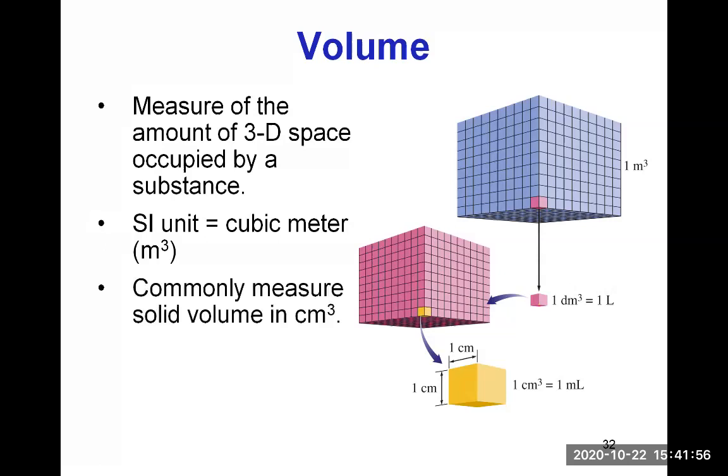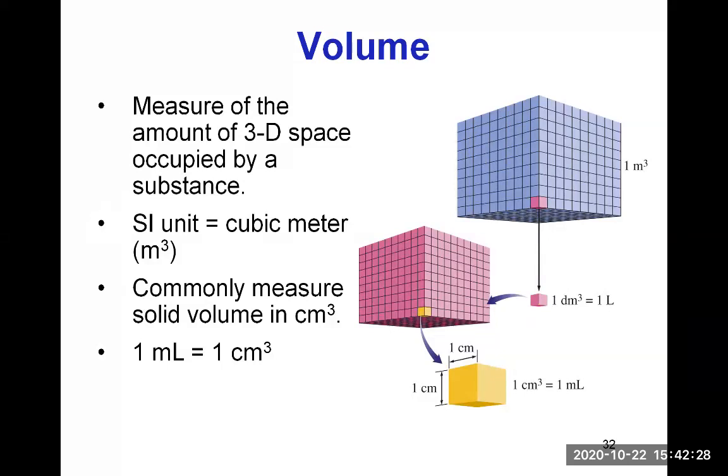Solids are commonly measured in cubic centimeters, so the cubic centimeter is more commonly used. What you should absolutely remember from this slide is that 1 milliliter is equal to 1 cubic centimeter. That's an important relationship here. By definition, it's been made like that, such that a cube of 1 centimeter by 1 centimeter by 1 centimeter represents 1 milliliter.